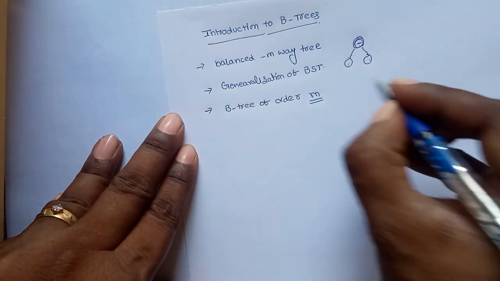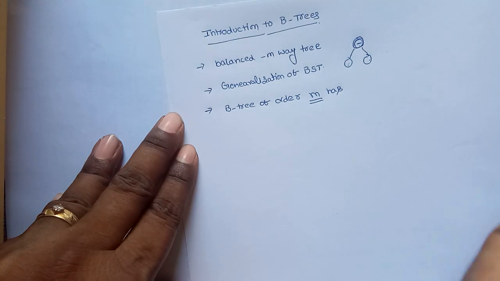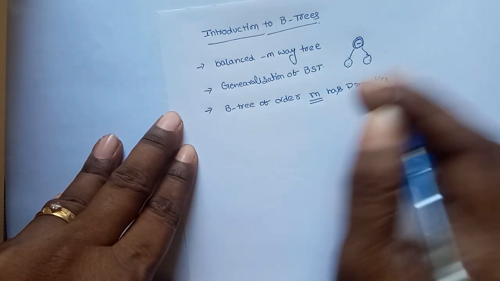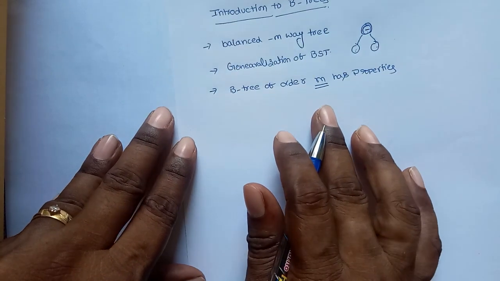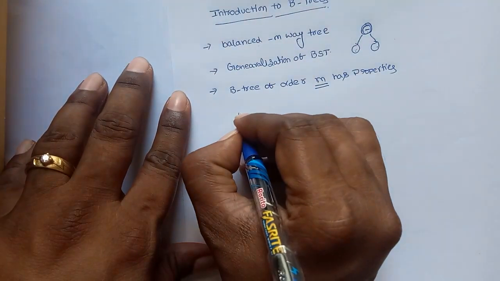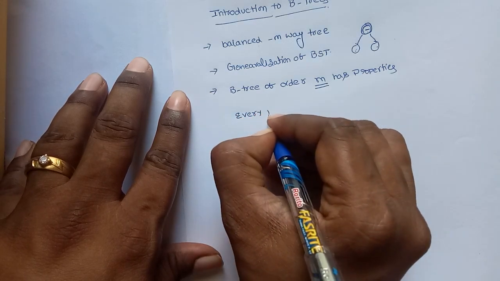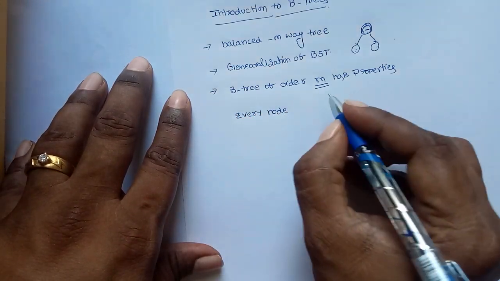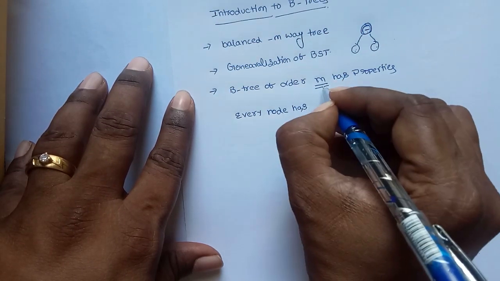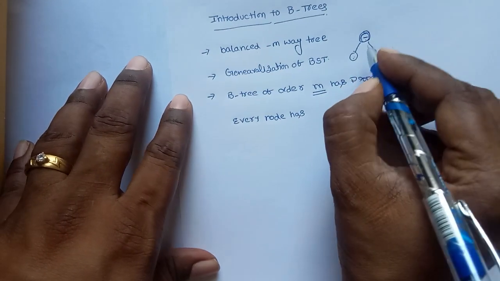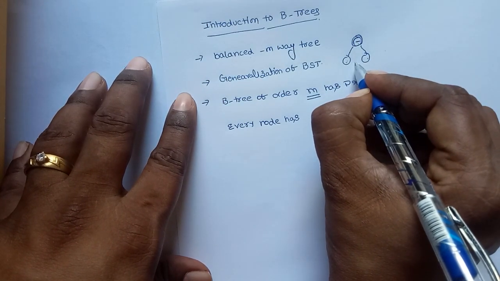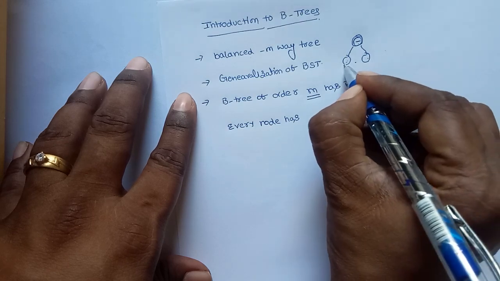Consider a B tree of order M. A B tree of order M has the following properties. Remember, these are very important. The first property: in a binary search tree, of order 2, the maximum number of children is 2.